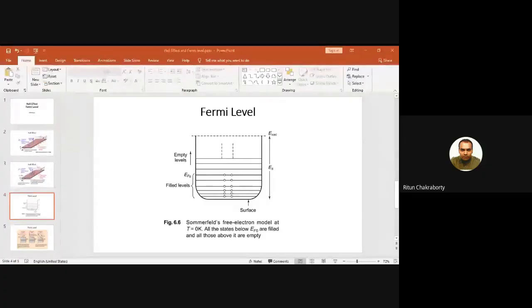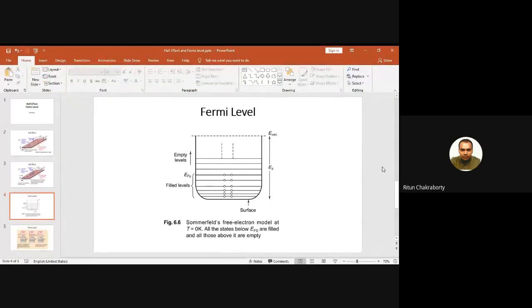Okay, so let's start with our Fermi level. What are Fermi levels? Fermi levels are nothing but some energy levels related to the band energy of a material. Material may be metals or semiconductors.